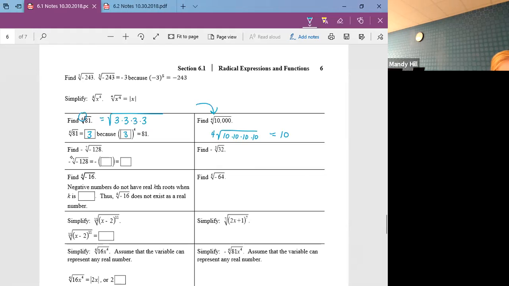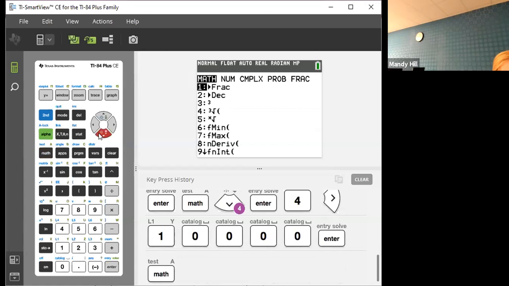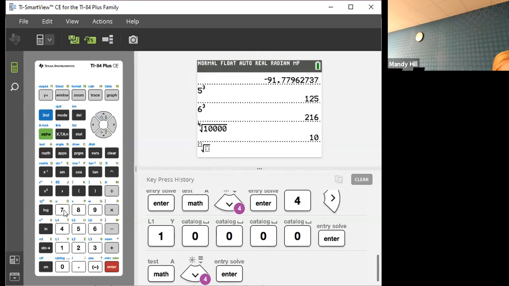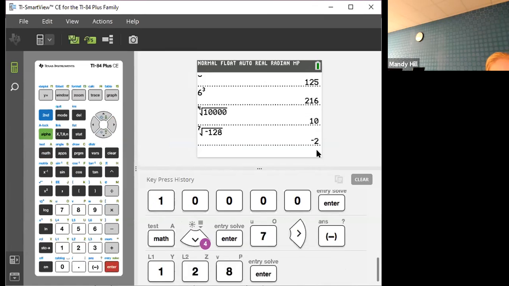I'm just going to type in the 7th root of negative 128. We hit the math button, go down to number 5, and we want the 7th root of negative 128. And that is negative 2.